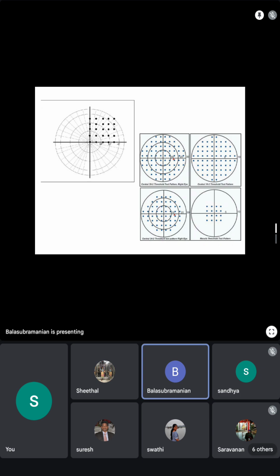Sandhya? I think Dr. Geetu is giving her answers. She's typing it down. You can come forward and tell. There is a difference between the right and the left picture.